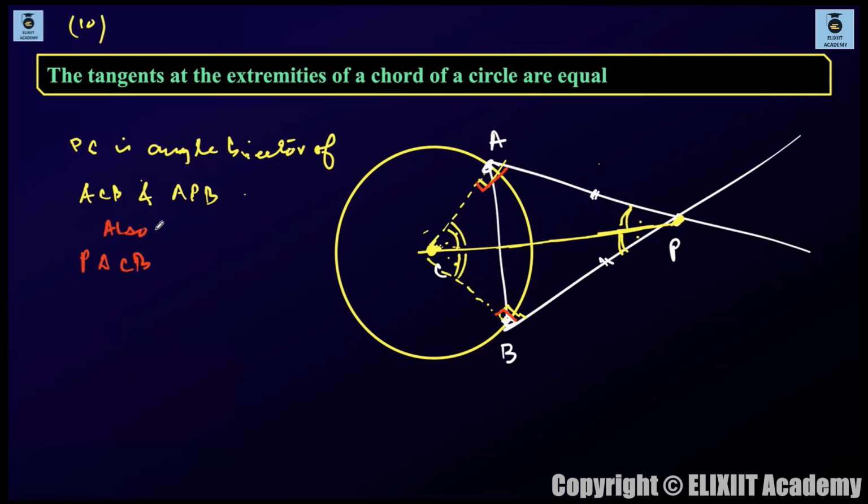They are the vertices of a cyclic quadrilateral. For what reason? This is 90 and this is also 90, and 90 plus 90 is 180. The sum of the opposite angles is 180, a property of a cyclic quadrilateral. So definitely the sum of angle C and angle P will also be 180. So PACB is a cyclic quadrilateral.